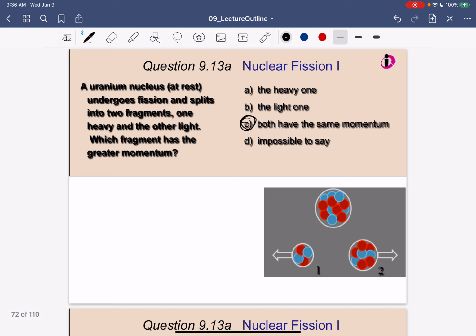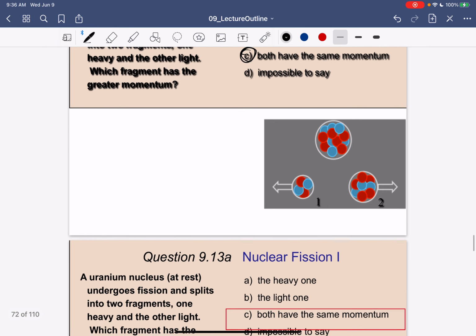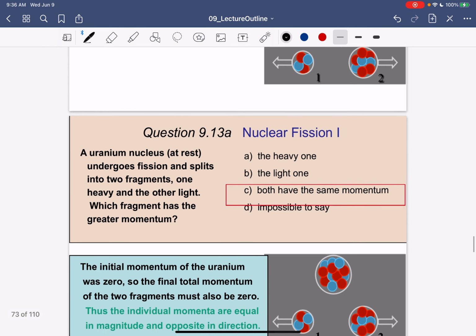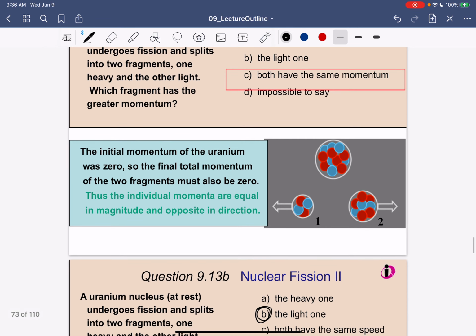Obviously, the uranium was at rest, then the total momentum after should be zero. Then the change in the momentum of the heavy fragment is going to equal the change in the momentum of the light one. Since they were initially at rest, both momenta should be the same. Momentum is different from velocity.